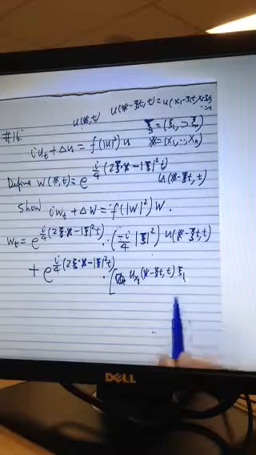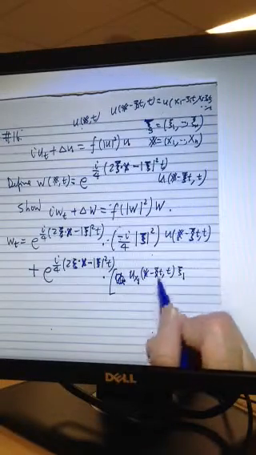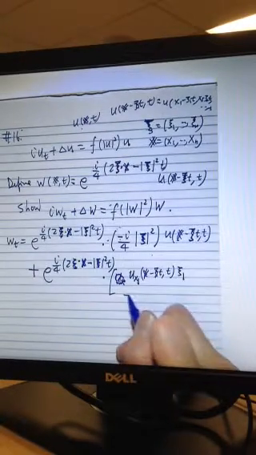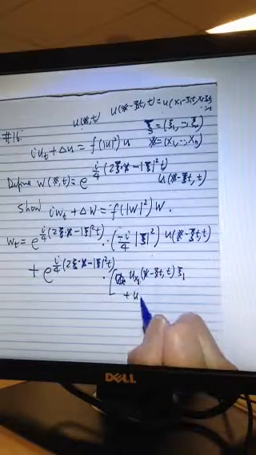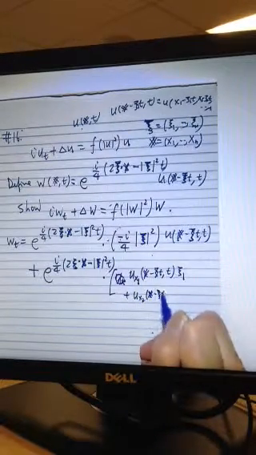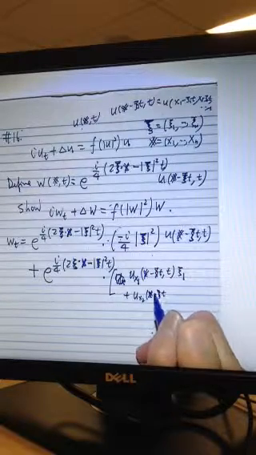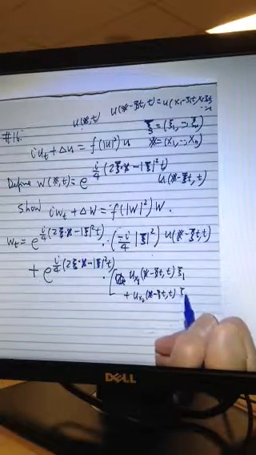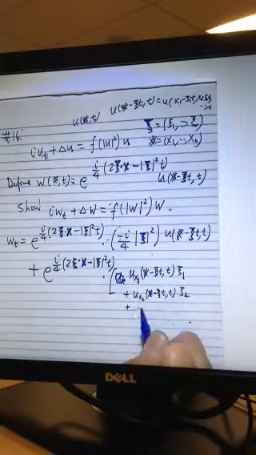And then plus u_{x2}(x - ct, t) times minus c2, and plus and so on.